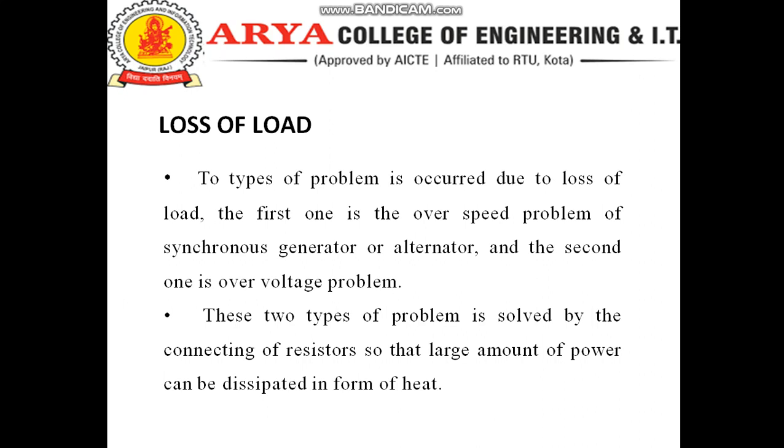When loss of load occurs in the power system, the overspeed of the alternator increases the frequency to a very high value, so that many components have high losses in the system. So it is compulsory to connect resistors so that a large amount of power can be dissipated in the form of heat.